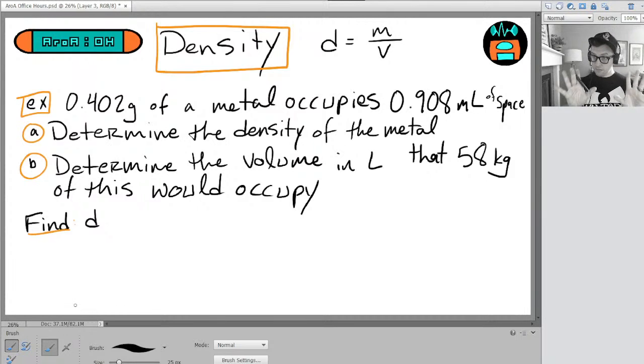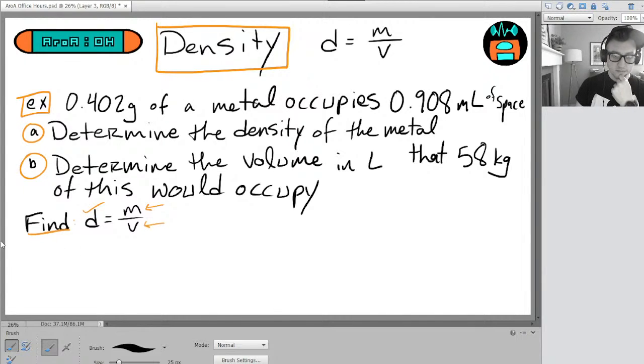As we talked about last lecture, anytime you're asked to find a quantity that has an equation, it is in your best interest to write out that algebraic expression because it gives you a roadmap towards finding it. Because we know density is equal to mass over volume, if we have our mass and our volume, we can find our density.